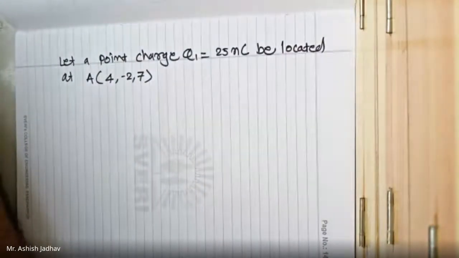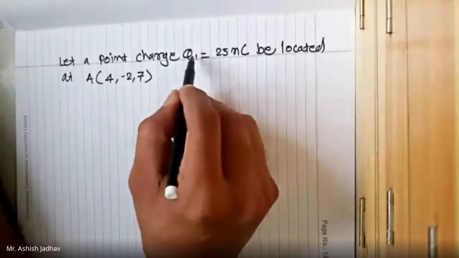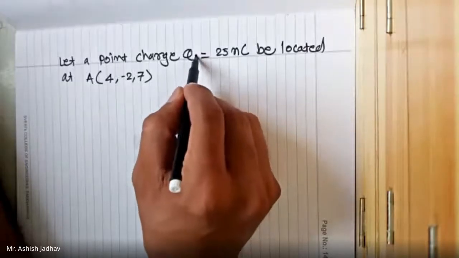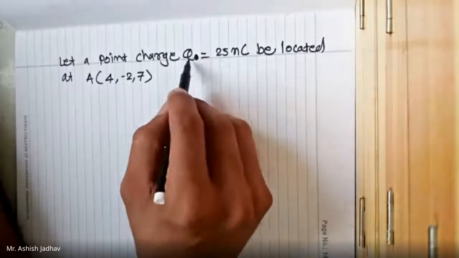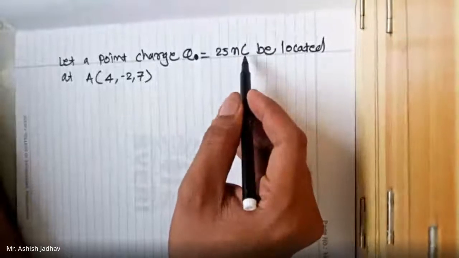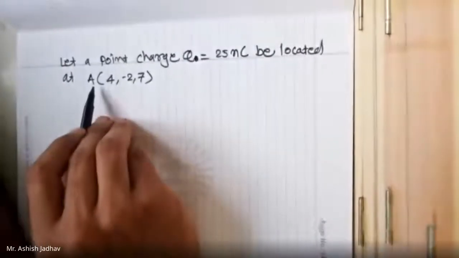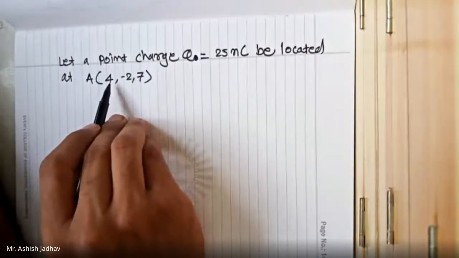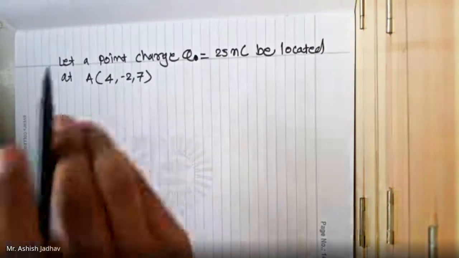Right? Rather than writing this as Q1, I will write it as a simple Q. So Q is equal to 25 nanocoulomb located at point A, that is (4, -2, 7).